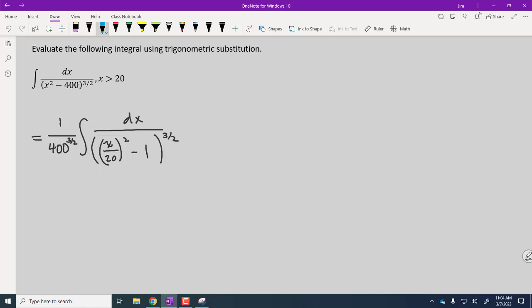Sine, secant, or tangent? Secant. So we're going to go x divided by 20 equals secant theta. We differentiate both sides. We get a 1/20th dx equals secant tangent d theta.